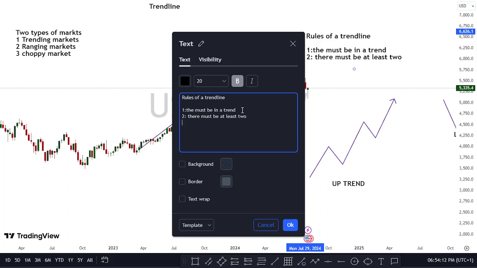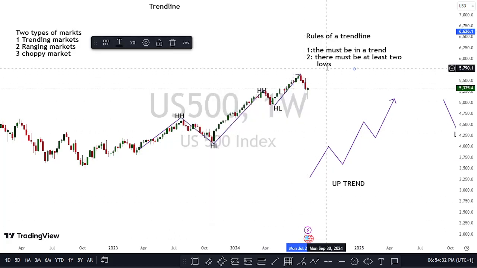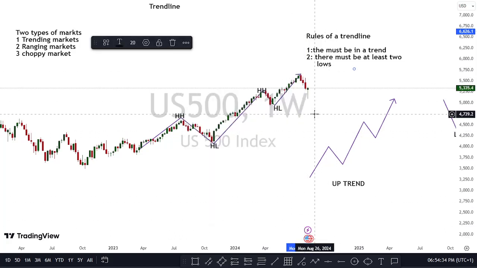In the case of an uptrend, you must have at least two lows, two to three anyway. At least two lows, but there must be at least two lows in the case of an uptrend. All right, so that's the second one. At least there must be two lows in the case of an uptrend.